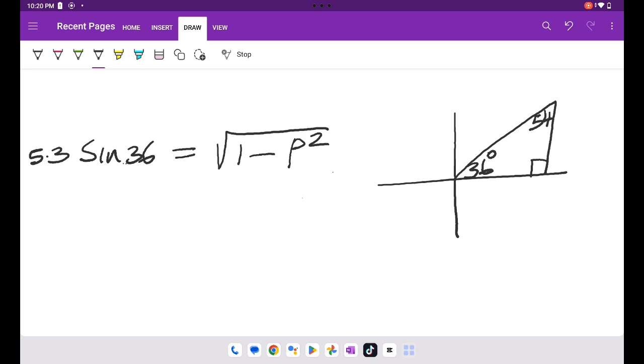Sine is opposite over the hypotenuse, so it's like it's over 1.